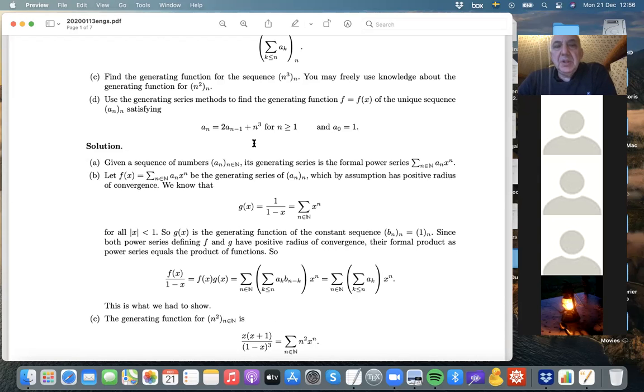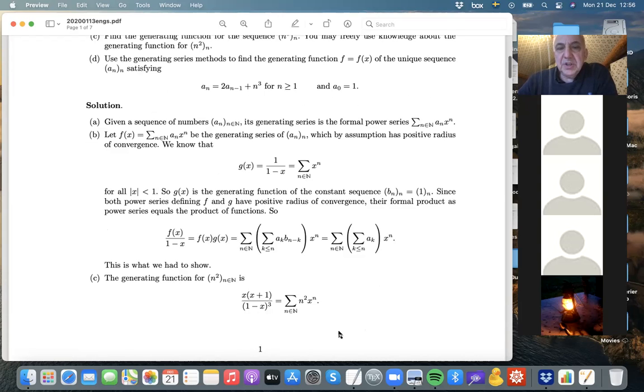Okay, so from the generating function for n squared, we need to make one more step and find the generating function for the sequence n cubed. And to do this, we notice that this function has a positive convergence radius. It's well defined, at least close to the origin.